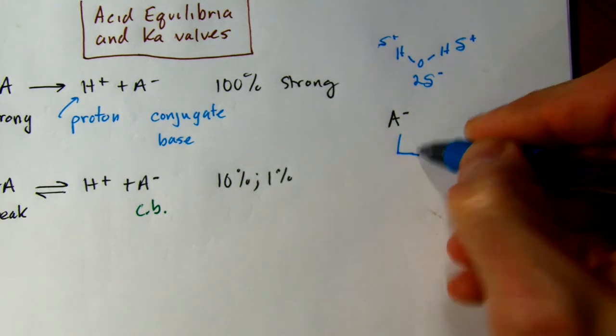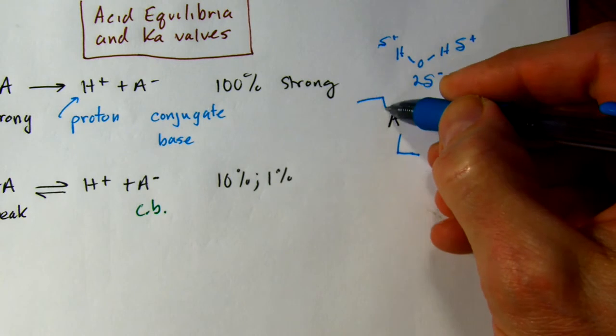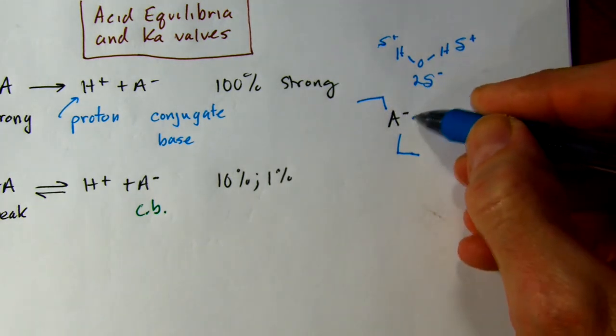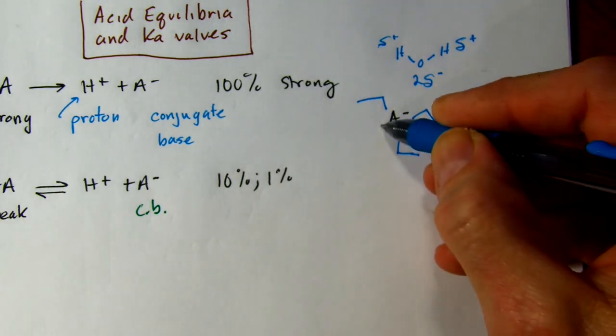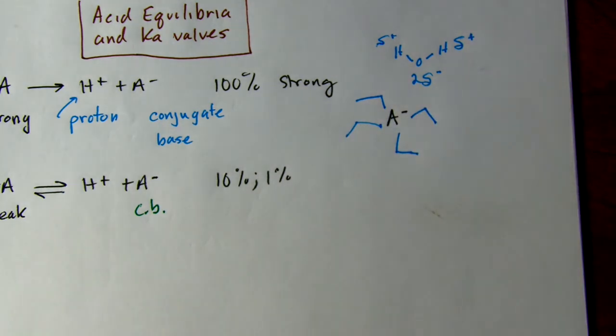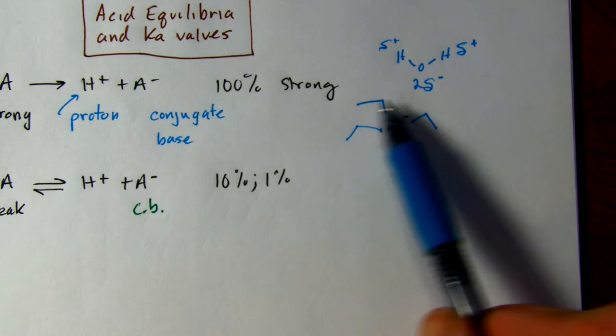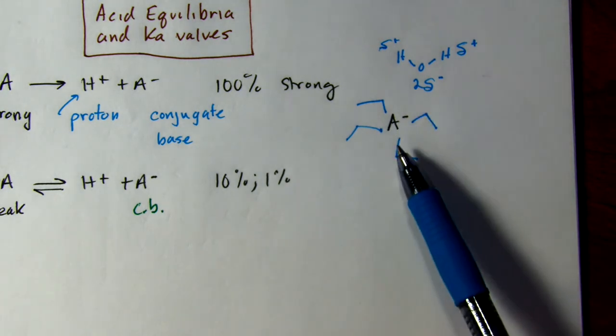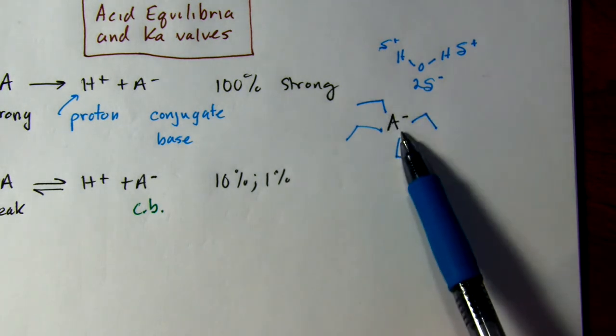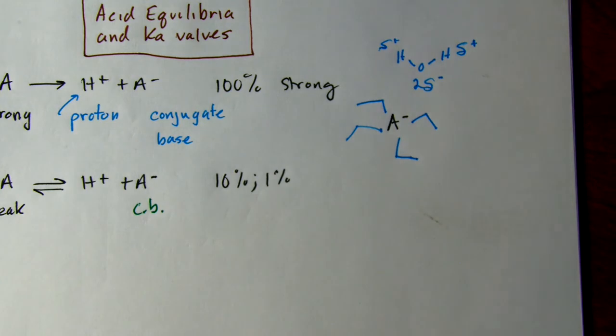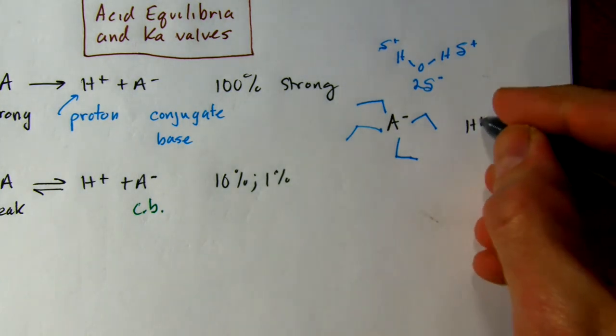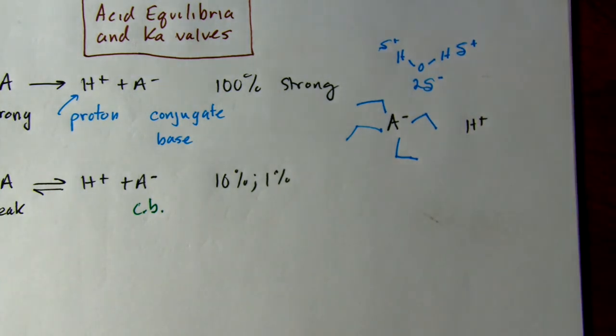We can surround this with the positive sides of the water, and there's such a strong attraction of water for this that the conjugate base cannot come and reach the H+, so there's no attraction there.